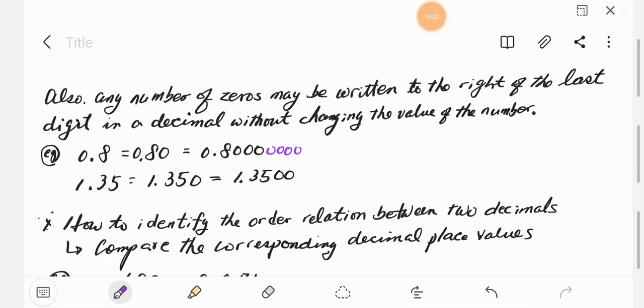So we can just ignore all zeros from the right if these numbers are after the decimal. Okay, so 1.35, 1 and 35 hundredths. You can put another 0 at the end, or 2 zeros, or 3 zeros, or 4 zeros. Still, this is equivalent, 1.35.